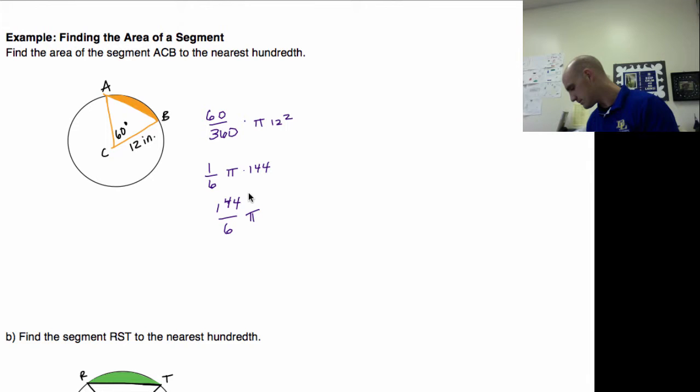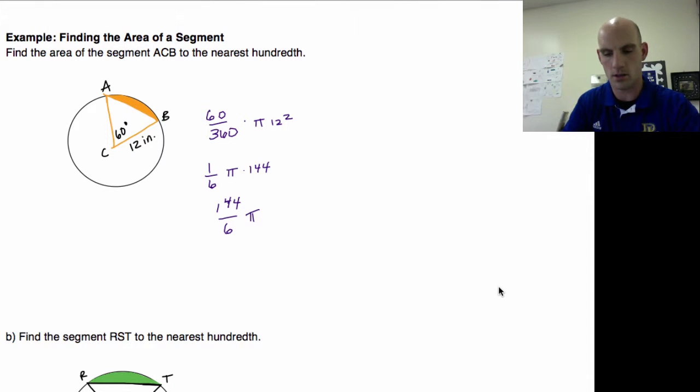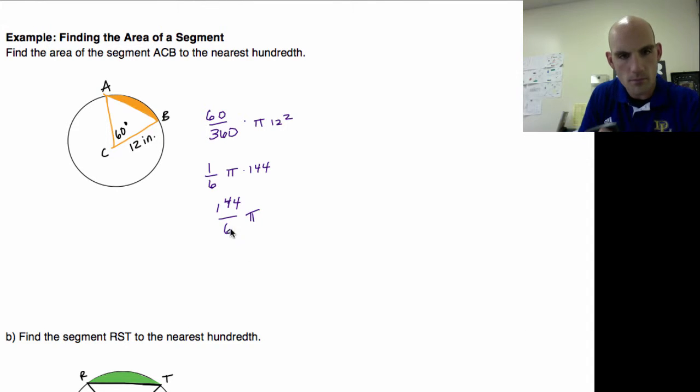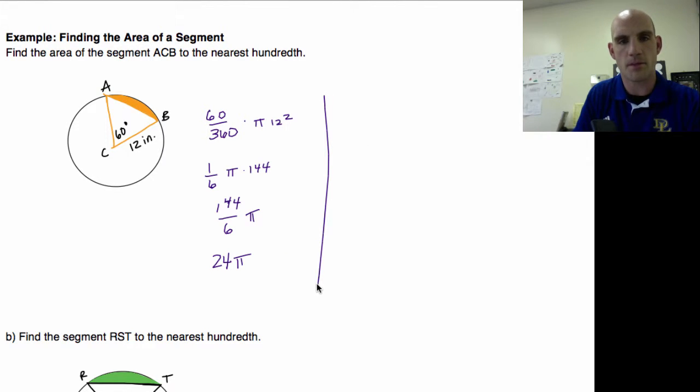Let me pull out my calc here. 144 divided by 6, so that's going to be 24 pi. That's the area of the sector. So I'm going to subtract from that the area of the triangle.